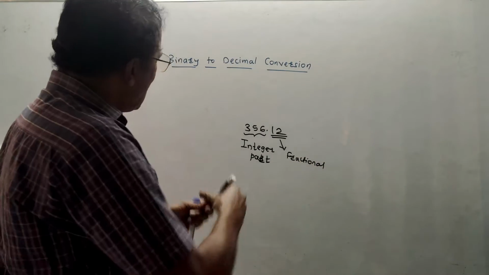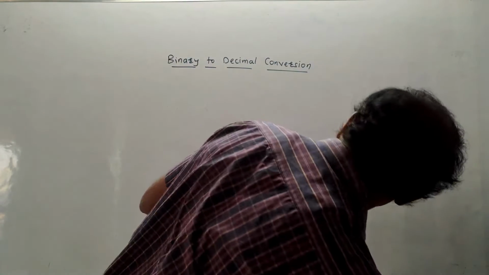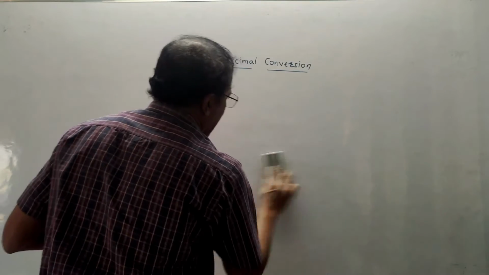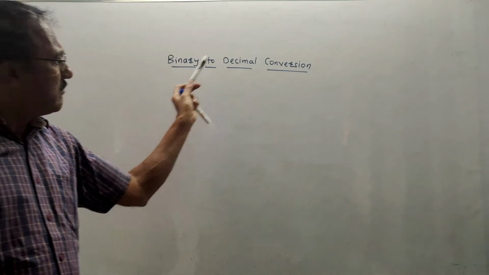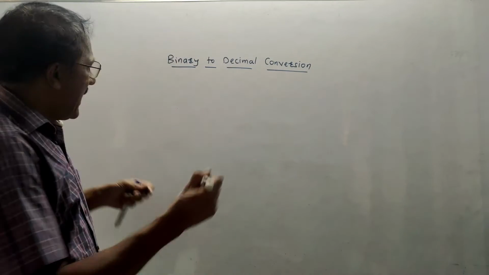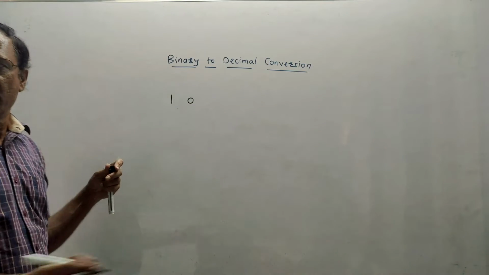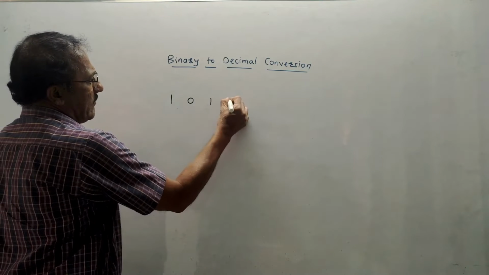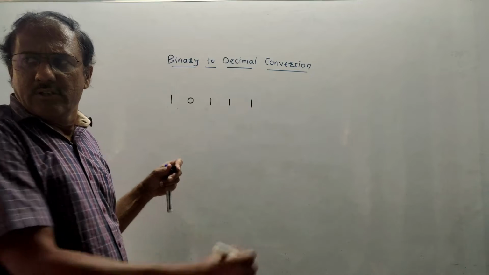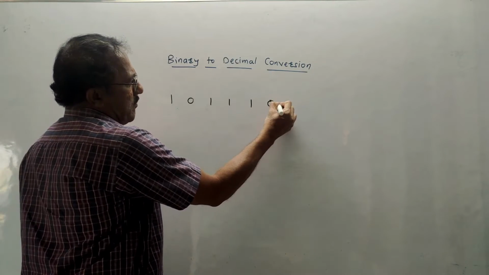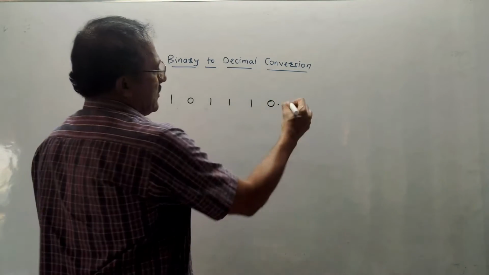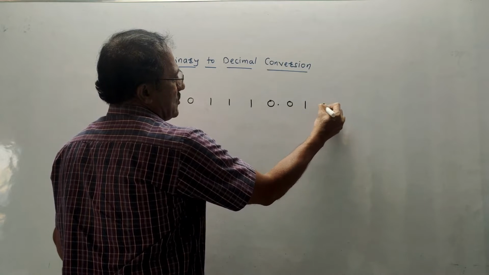So there are certain rules for the integer part and the fractional part. Let us consider one example in which we want to convert a binary number into a decimal number. As an example, I am considering a binary number, 10110.0101.